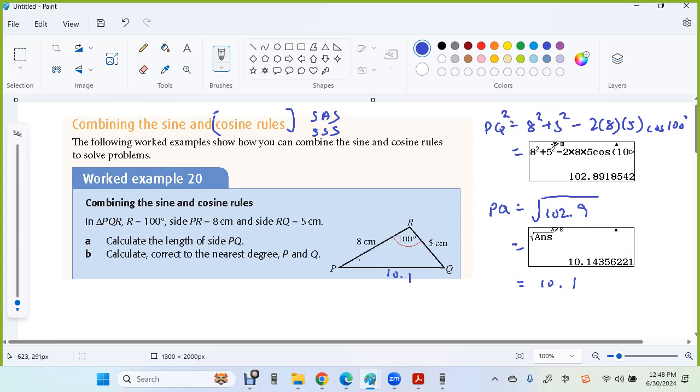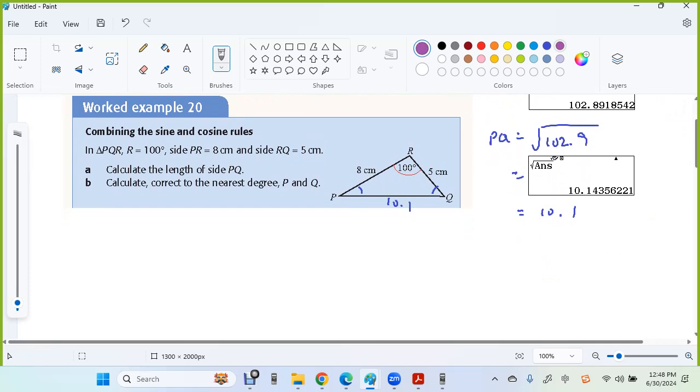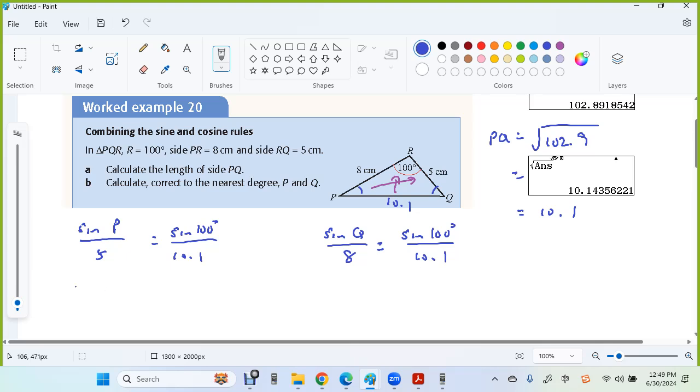We want to find the angles P and Q here, so we use sine rule, opposite and opposite. Sine P over 5 equals sine 100 over 10.1, and sine Q over 8 equals sine 100 over 10.1.